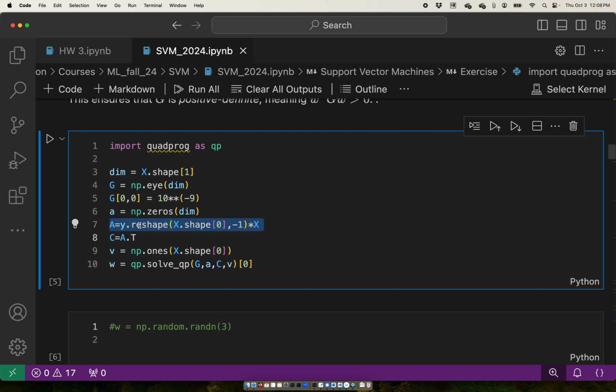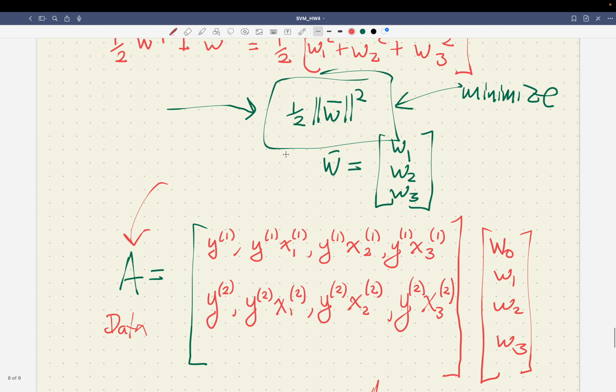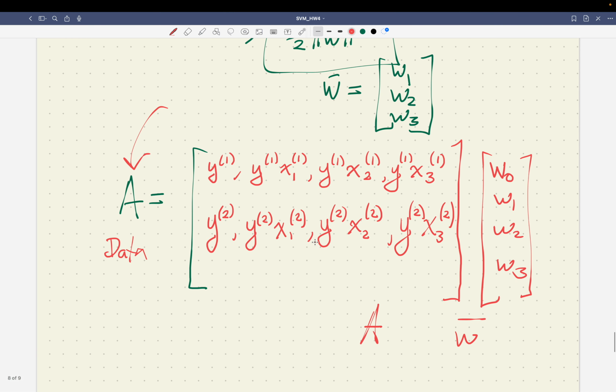And now this A is kind of tricky. So it's going to be basically Y times X is essentially what this is. And so when you get Y times X, it's going to be this matrix A. Because there's a scalar y here that you could just factor out on the left, actually it's a vector.